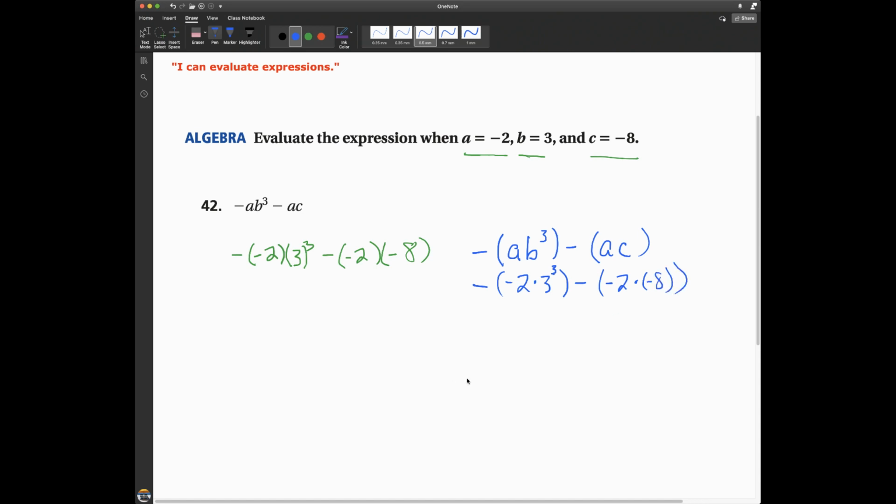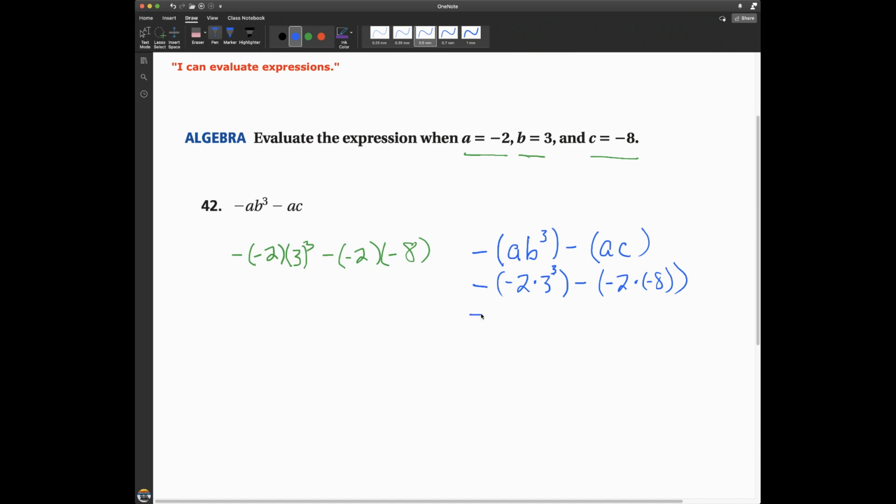And then I just use PEMDAS. In blue here, we'll work this one out, and then I'll go back to green. Parentheses, exponents, multiply and divide, add, subtract, okay? So I have to deal with the parentheses first. Inside the parentheses, I use PEMDAS, and I have exponents first, right?